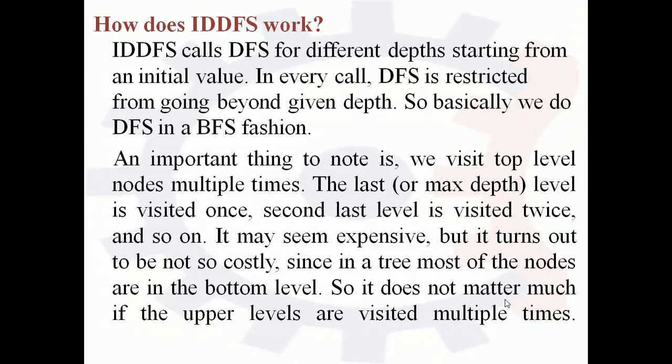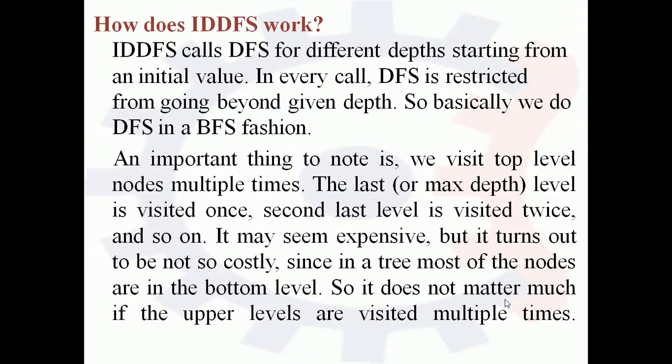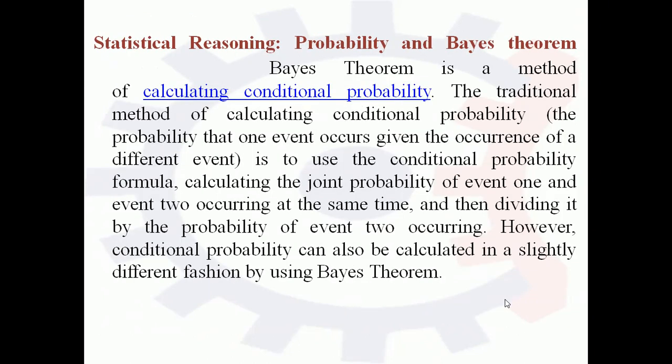It may seem expensive, but it turns out to be not so costly, since in a tree most of the nodes are in the bottom level, so it does not matter much if the upper levels are visited multiple times. So this is IDDFS, iterative deepening depth first search.